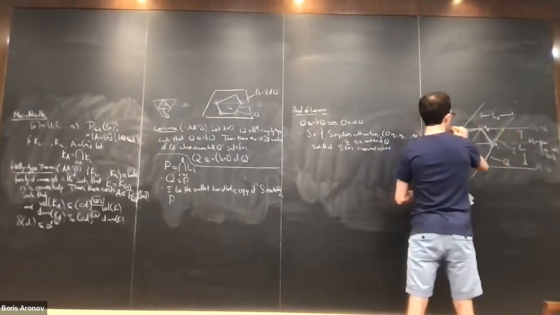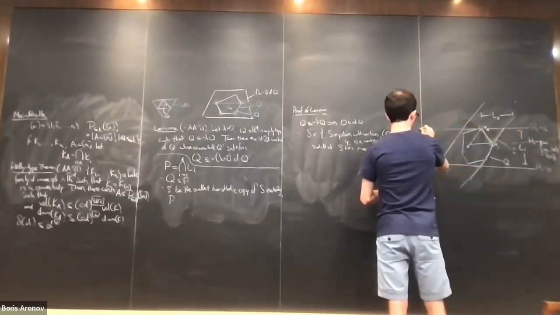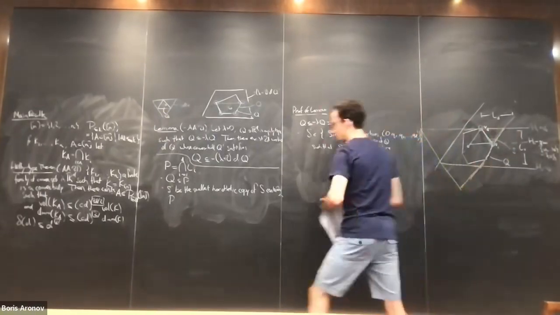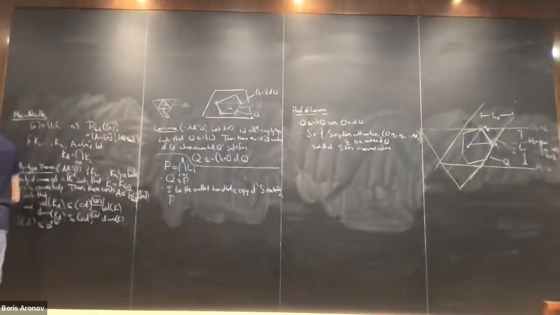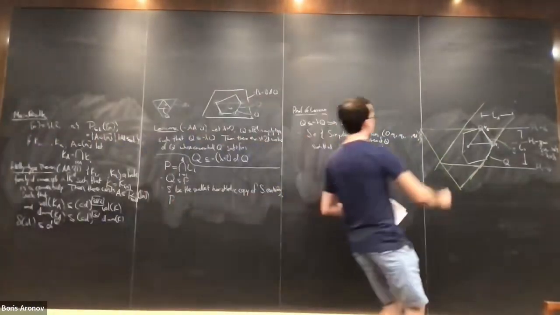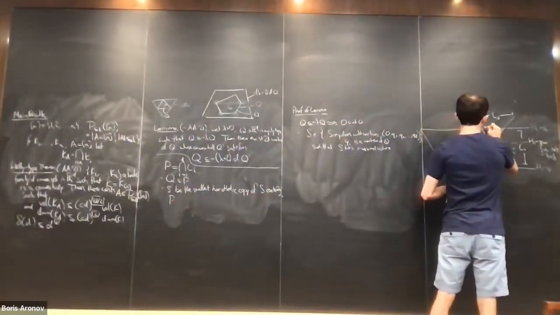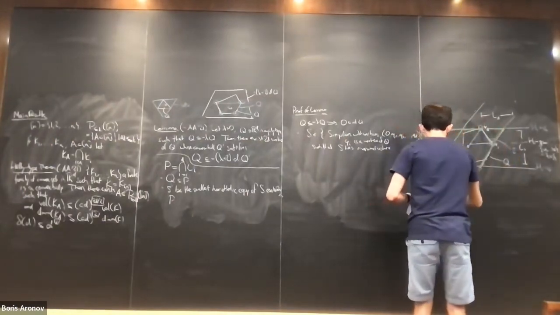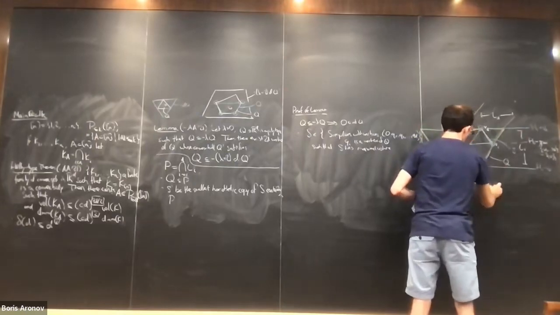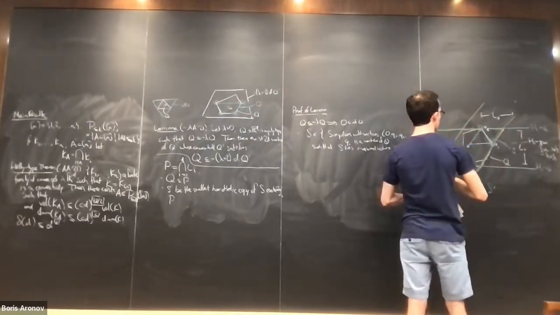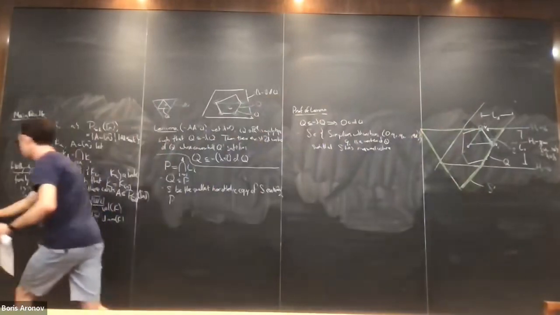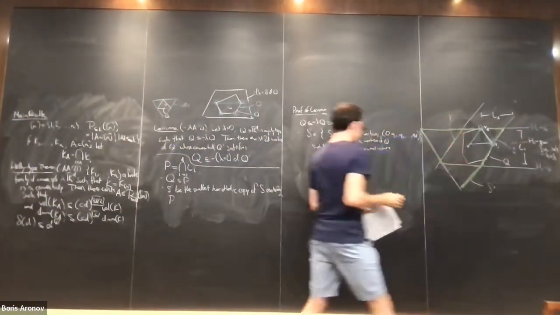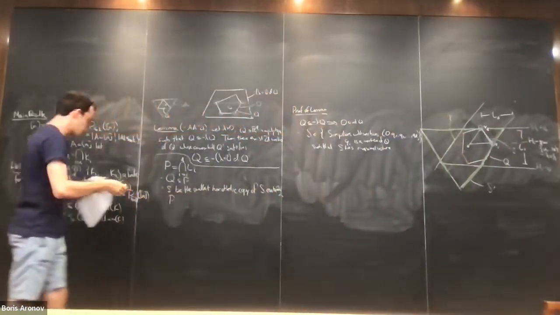And it will look something like this. Maybe I need another one. This is S prime. Okay. And this is P.